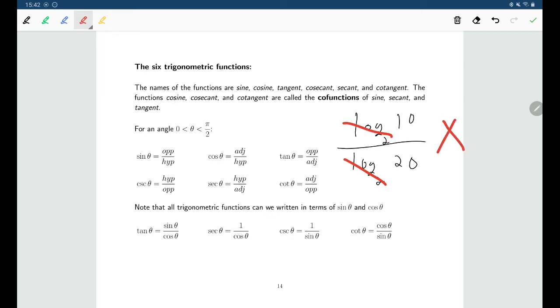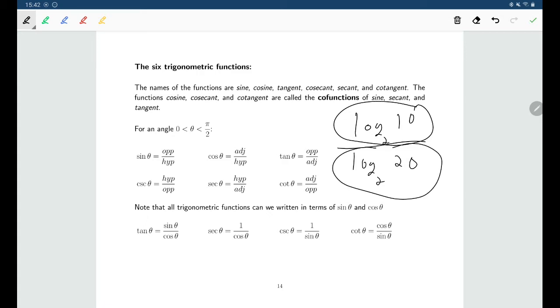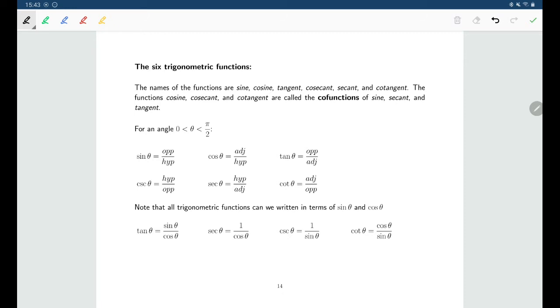And that's because the log base 2 and the 10 are one single entity. Log base 2 is the name of the function and 10 is the input. Log base 2 is the name of the function and 20 is the input. The same sort of thing is true for trigonometric functions as well. So typically I might see people saying things like this: sine of 30 degrees over sine of 15 degrees.